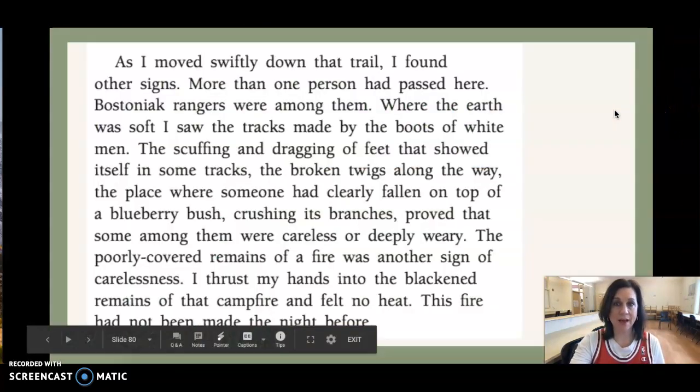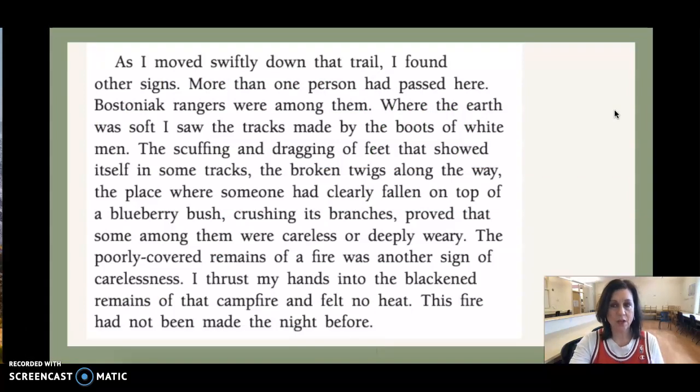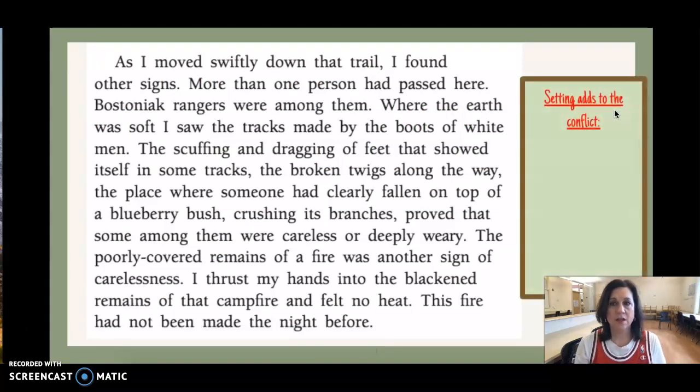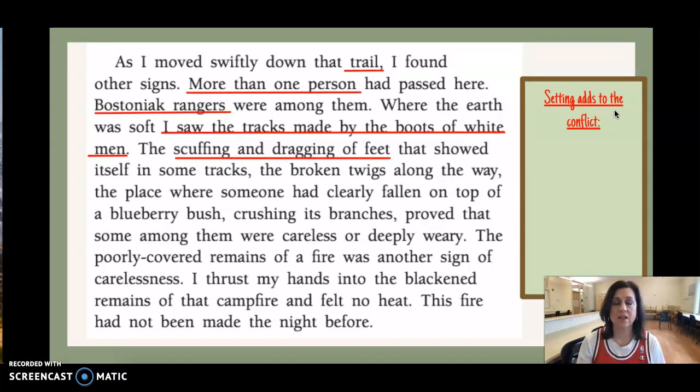Okay, welcome back. All right, so here's page 13. The setting adds to the conflict, doesn't it? I underlined these things. Trail: there was more than one person on the trail. Bostoniac Rangers, which is not good. I saw the tracks made by the boots of white men. Scuffing and dragging of feet.